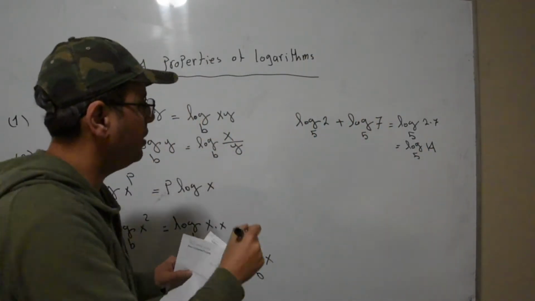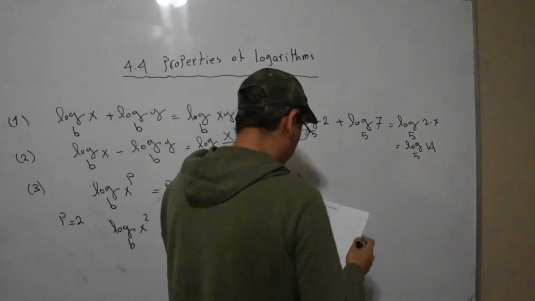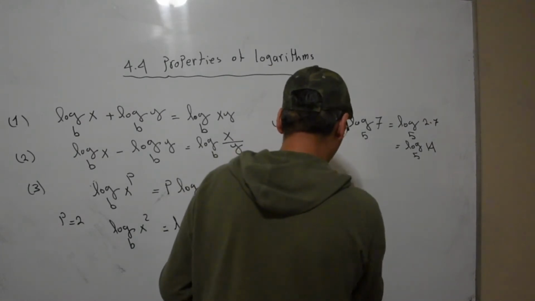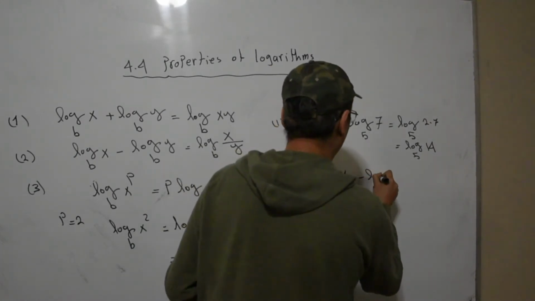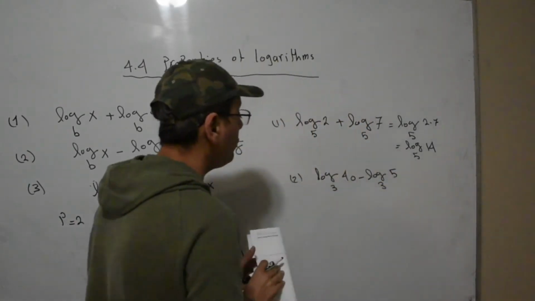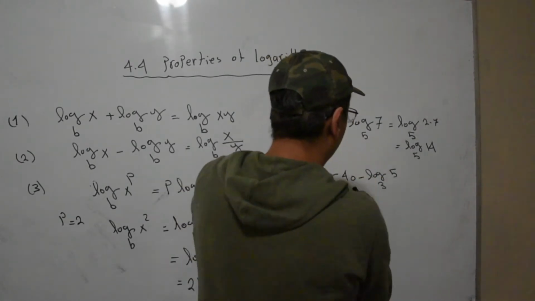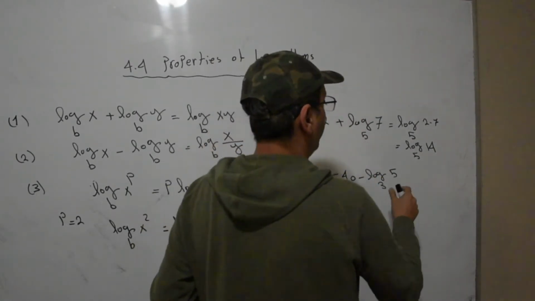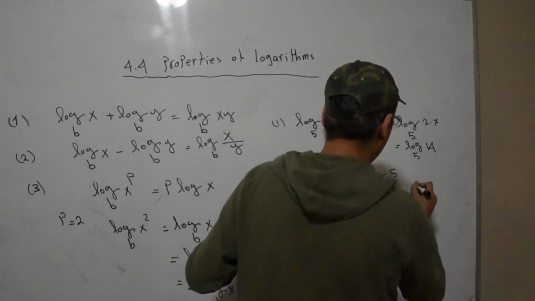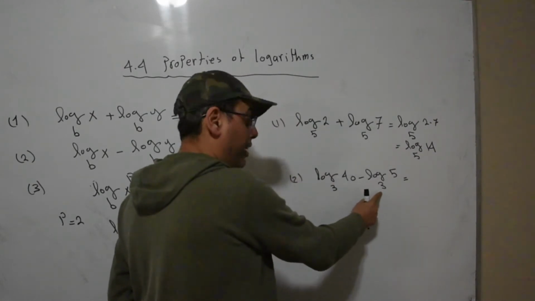Okay? Let's get another example. Log base 3 of 40 minus log base 3 of 5. Here's the idea. Same idea, but instead of plus, I have minus. So instead of a product, it would be a division. Let's test first. Is it the same base? Yes.